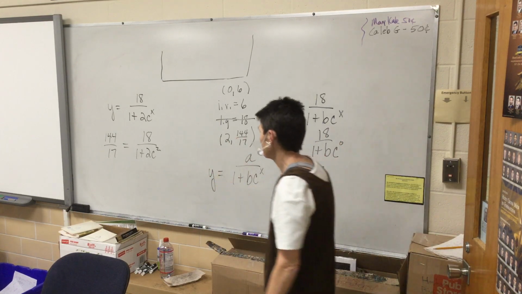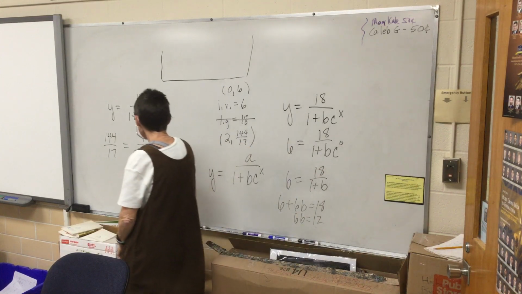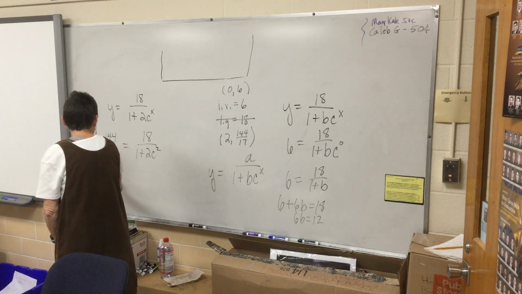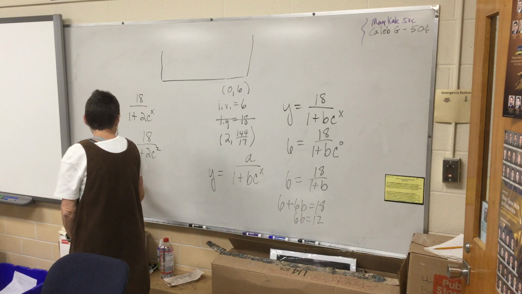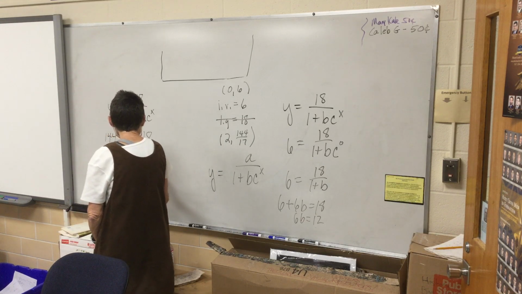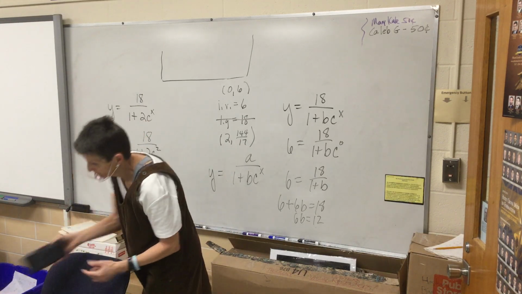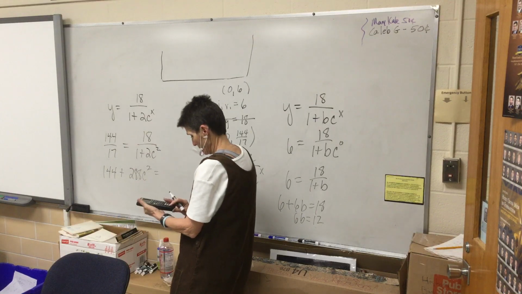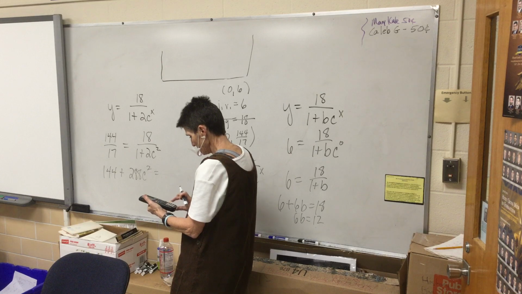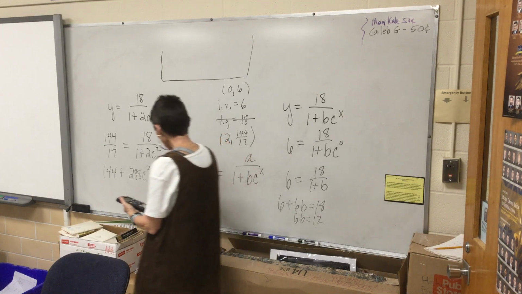Cross multiply. Remember, you are allowed to use a calculator. So 144 plus 288c squared equals 17 times 18, 306.